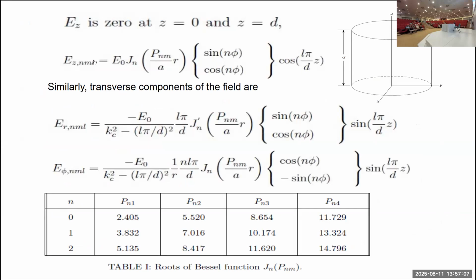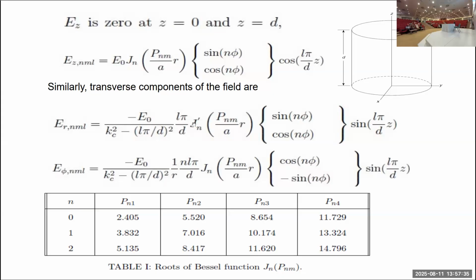Again, these define the modes which can propagate through these cylindrical waveguides, or which can resonate in these cylindrical cavities. The solution of these equations gives us the E field inside these waveguides.